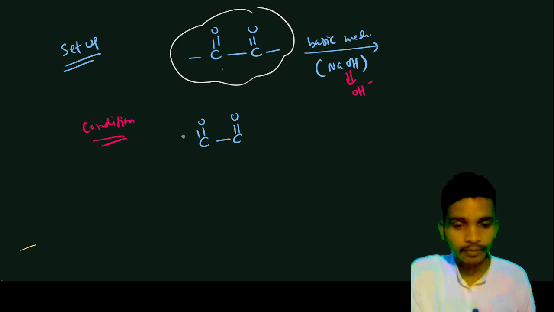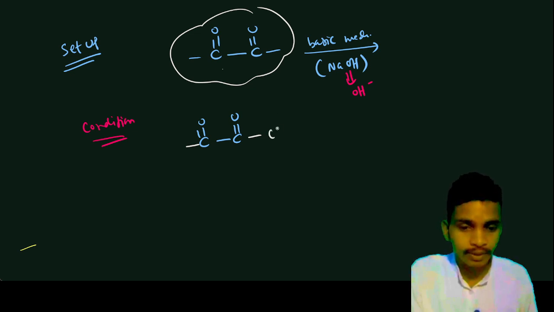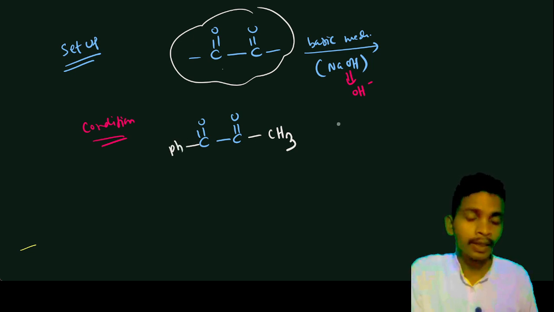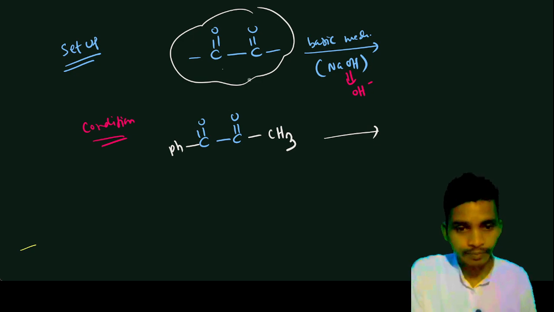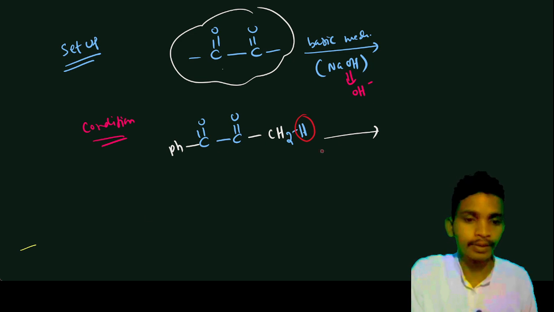Now this is the same case, but here let's say CH2 CH3 is present, and some other group, phenyl. Here you know that this is CH2 and H, so these are acidic hydrogens. Now if we have a basic medium, NaOH, it is going to give OH minus.